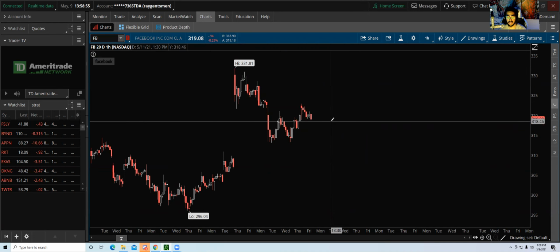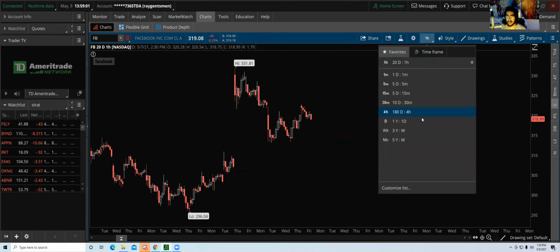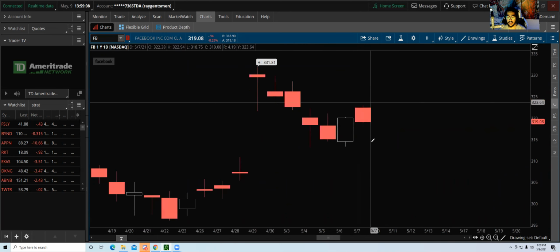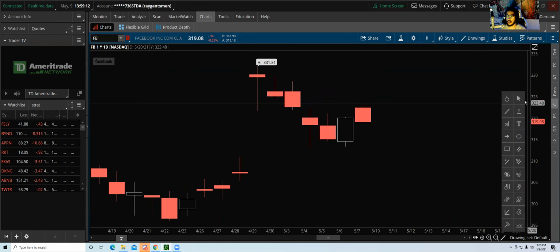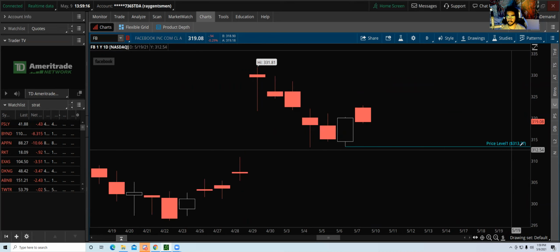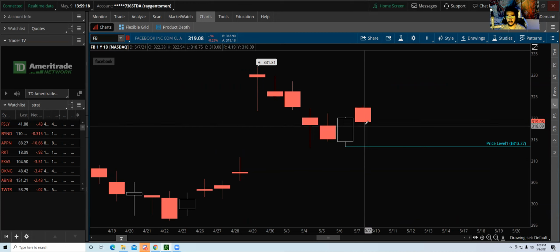So if it continued, boom. For instance, let's say I was looking at this trade for Monday, right? We know this is the last target, so let me pull this up. This is the target. Boom. So entry here, target there.